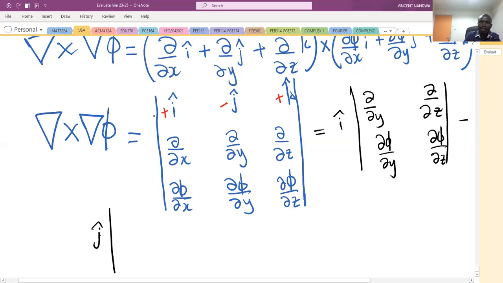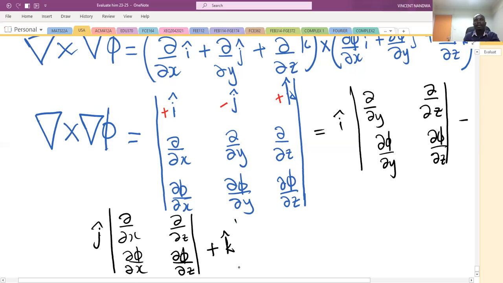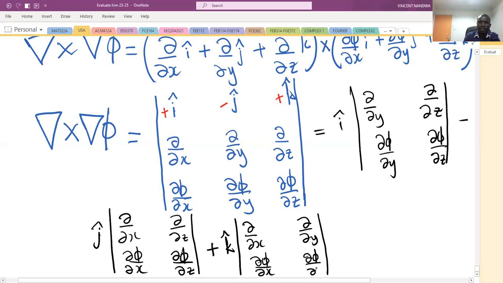So delete this, so we'll have partial x, partial z, partial phi partial x, partial phi partial z, plus k, determinant of the matrix obtained by deleting the row k, column of k. So partial x, partial y, partial phi partial x, partial phi partial y.